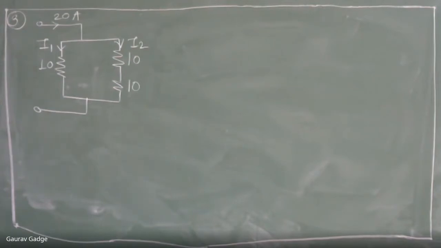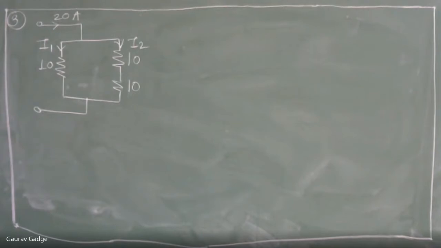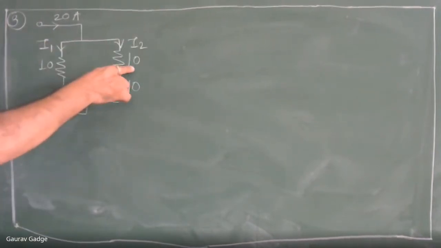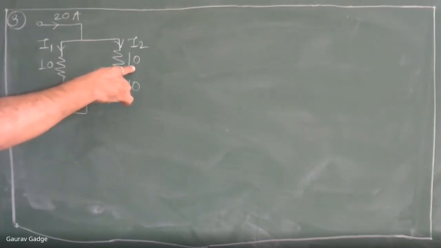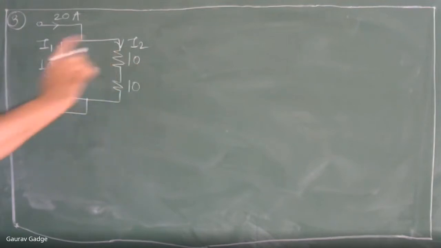But the thing is, like numerical number 2, here in numerical number 3, these two resistances are connected in series. So this I2 is not only because of the single 10 ohm resistance. I2 is the effect due to both the resistances connected in series.